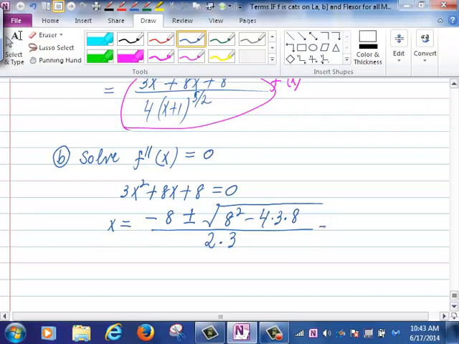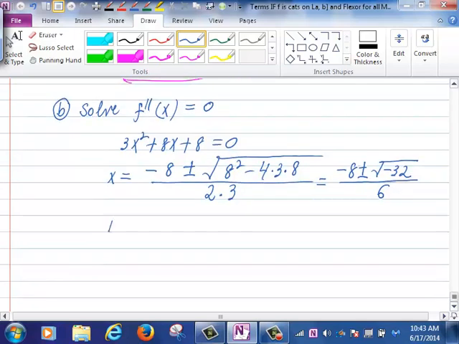And what you're getting then is negative 8 plus or minus the root of negative 32 over 6. So no real solution, right?